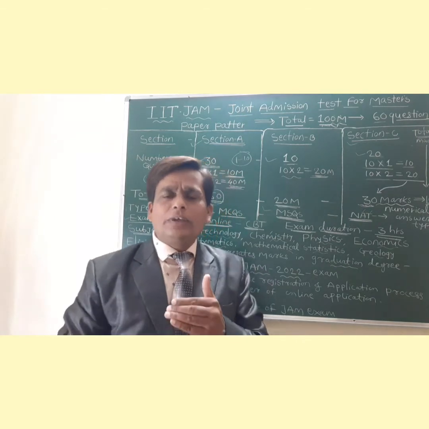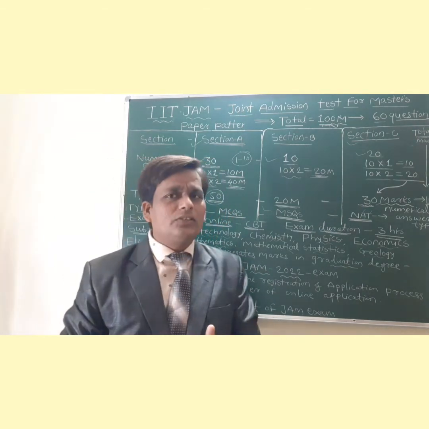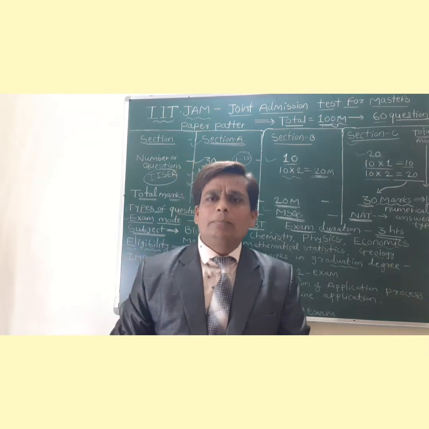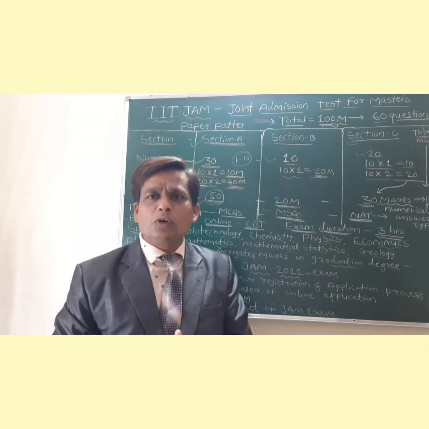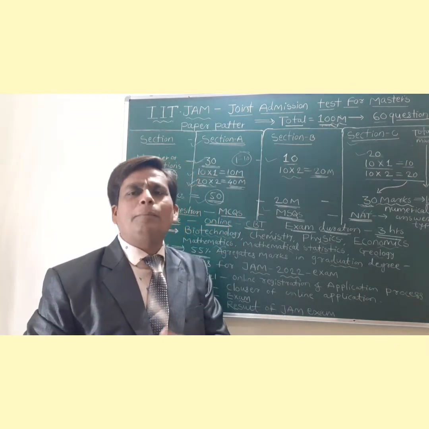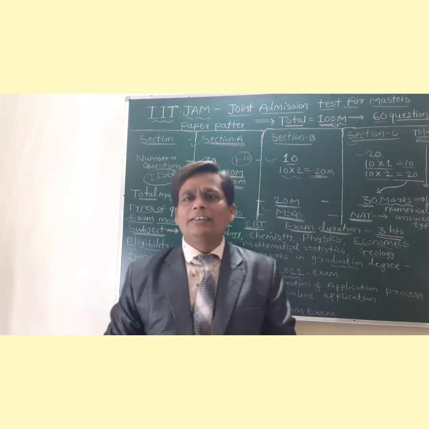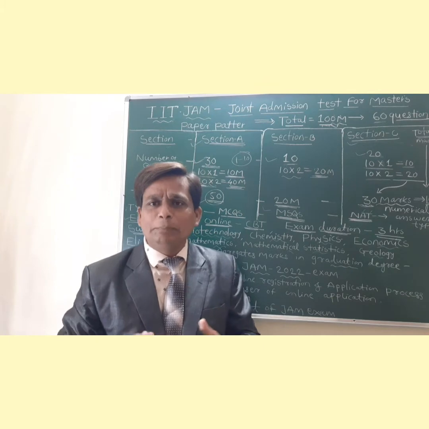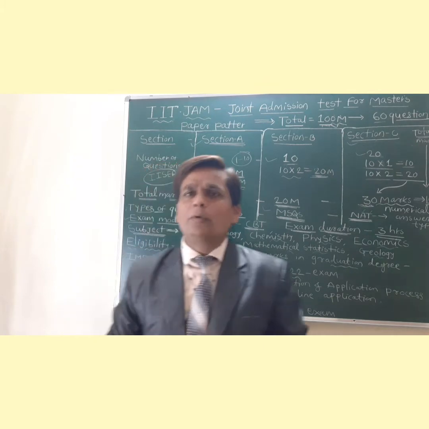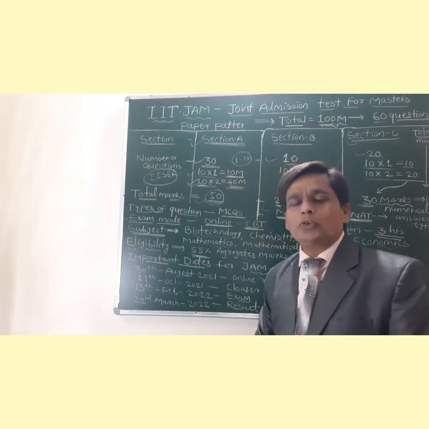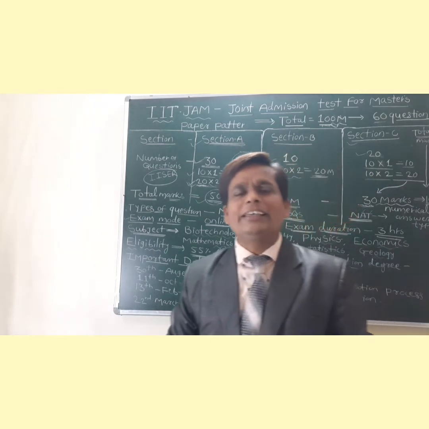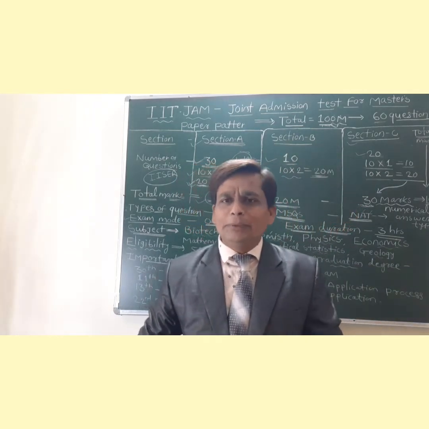And while doing this M.Sc with PhD, you can get a stipend of 10,000 per month. So this is one of the golden opportunities for poor students who want to complete their master degree as well as their PhD. IISER provides this golden opportunity to them, so they can complete their master degree along with their PhD.